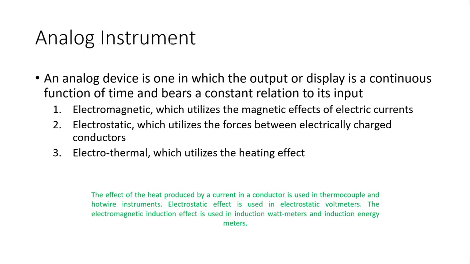So starting with analog instrumentation, an analog device is one in which we see its output as a continuous function of time. In these instruments we can graduate a scale. Let's say this is our scale, but we can then further add magnified points to it, and even after adding these points we can see that there are many other points inside these graduated points.